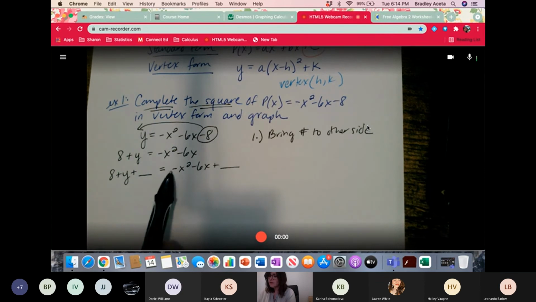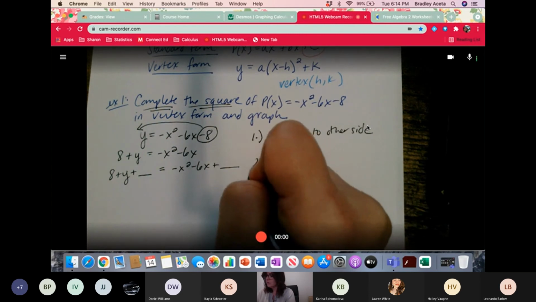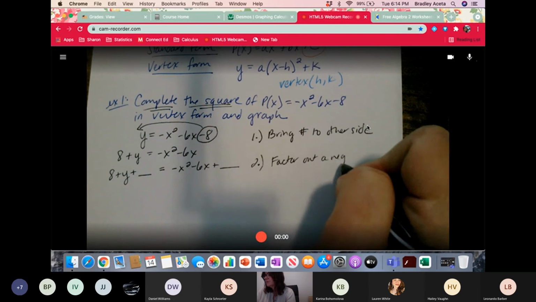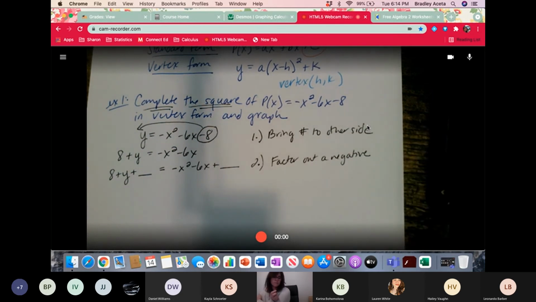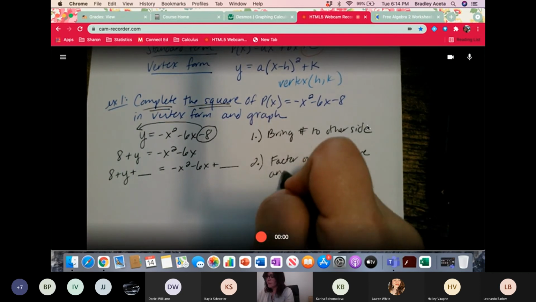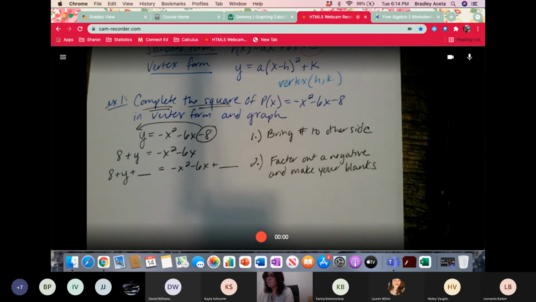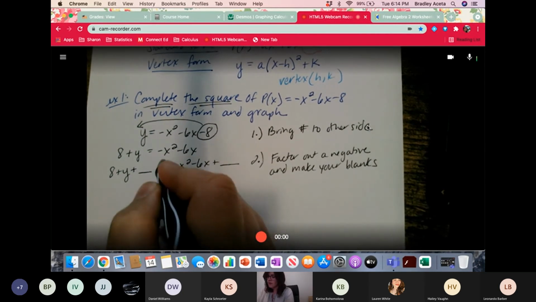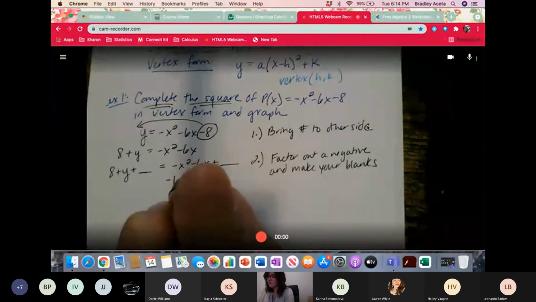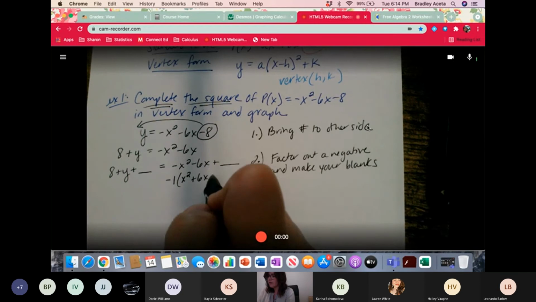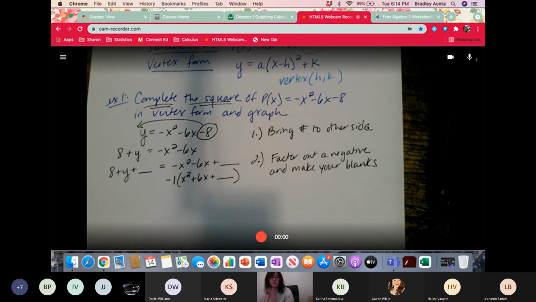Now, if there's a negative here, you want to factor that negative out. So on this side of the equal sign, I'm going to factor out a negative: x squared plus 6x, and leave this as plus blank for right now. We'll change it in a minute. Even though we're factoring out a negative, leave it positive.